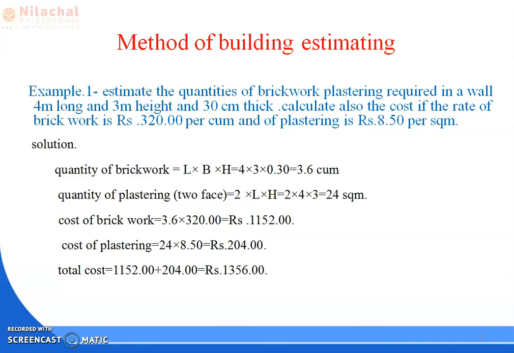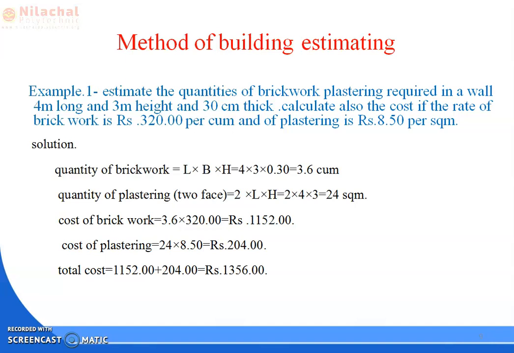Then the cost of plastering. The plastering charge per square meter is 8 rupees 50 paise. So the cost of 24 square meter of plastering is 24 into 8.50, which is equal to 204 rupees.